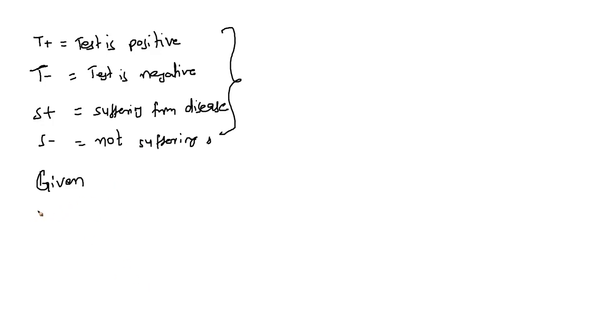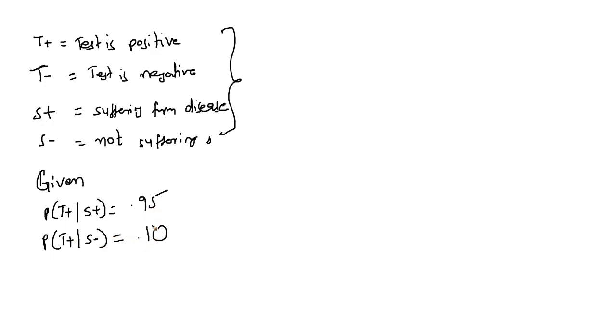So we are given the probability that the test is positive given somebody is suffering is 0.95. The probability that the test is positive when somebody is actually not suffering is 0.10.